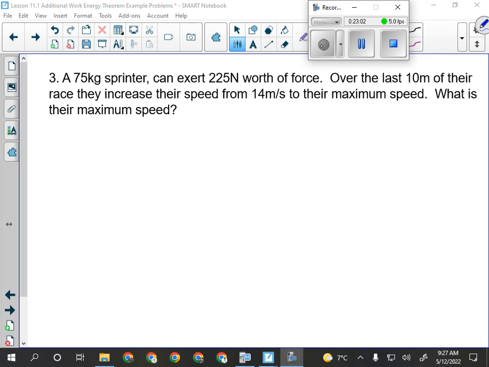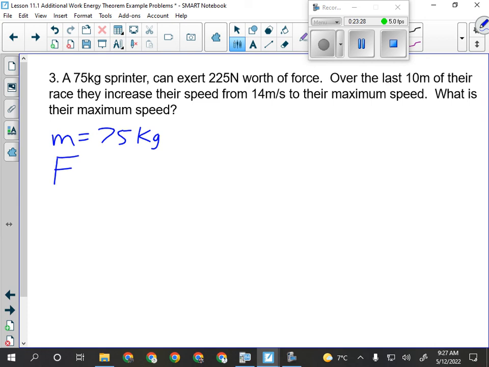Now, to be completely transparent, this is probably about as hard as a work energy theorem question would get for you in terms of the algebra, okay? Because you have to do a bit of extra manipulation on this. It's not like super challenging, but it's probably the most challenging of the ones that we would get. Okay, so first thing we want to do is write down our givens. We know the mass of the sprinter to be 75 kilograms.